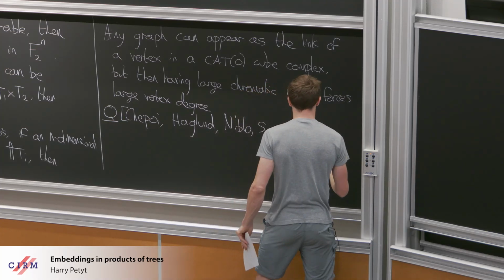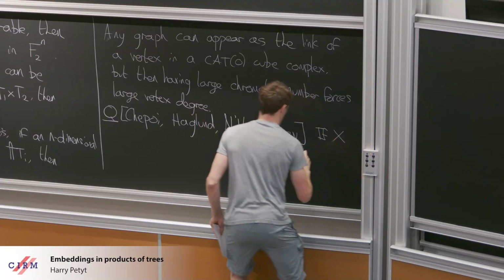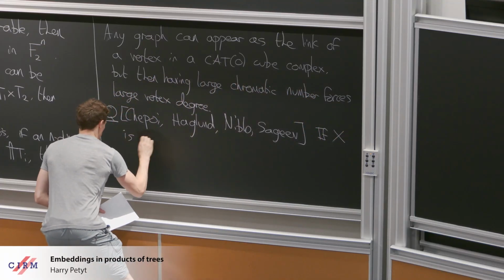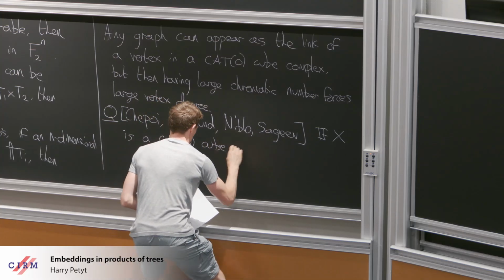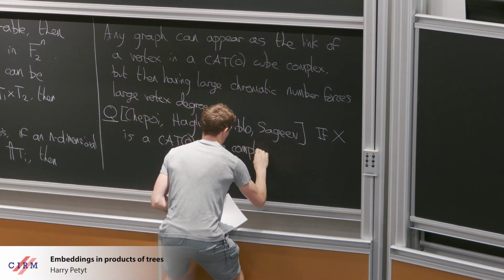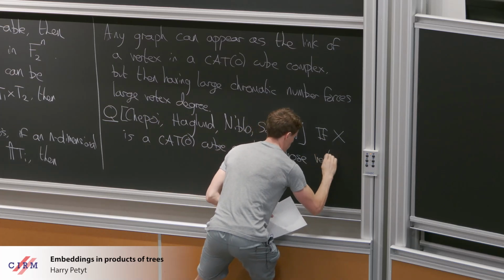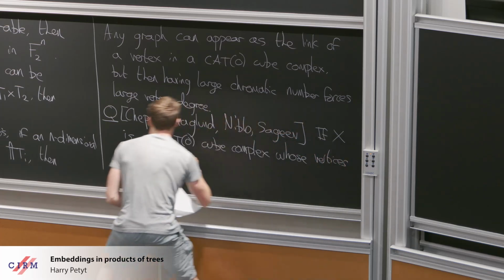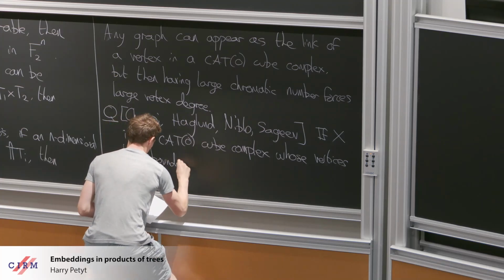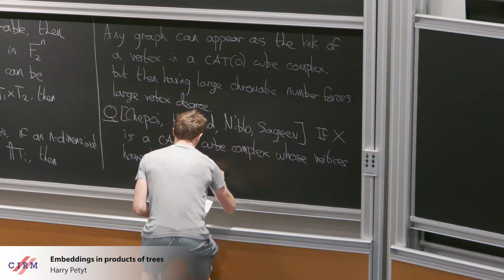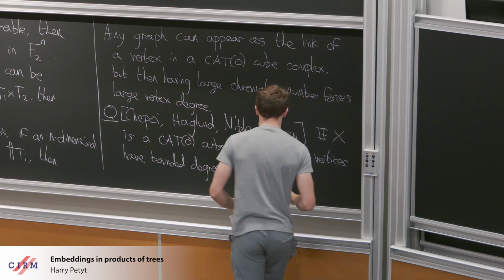They each asked independently: if X is a CAT(0) cube complex whose vertices have bounded degree, can X be isometrically embedded in a finite product of trees?